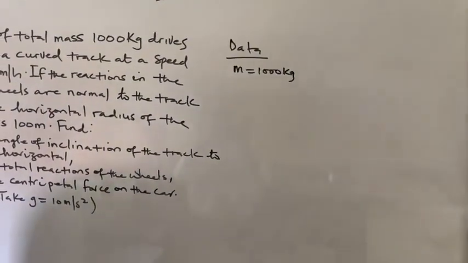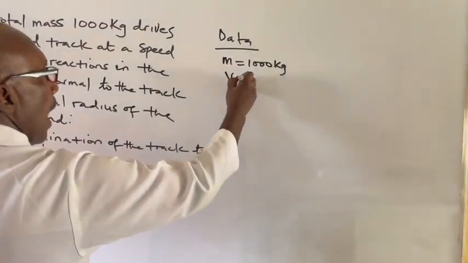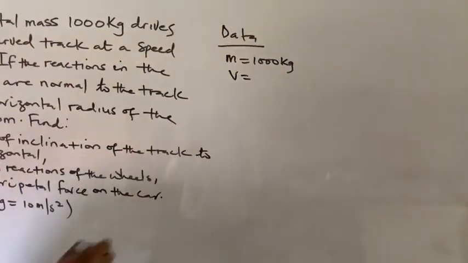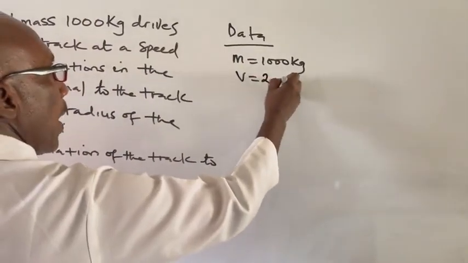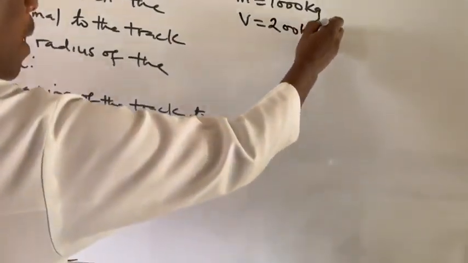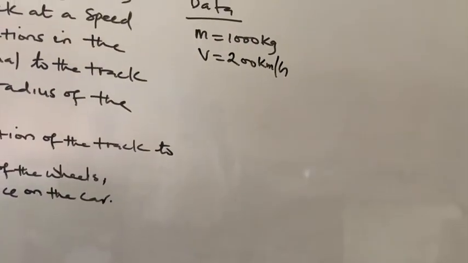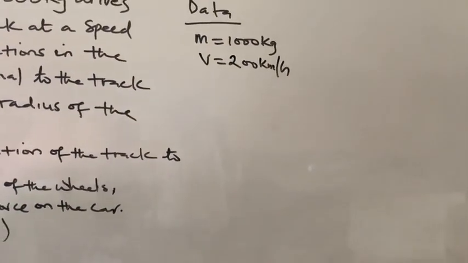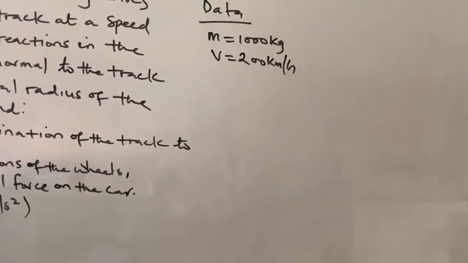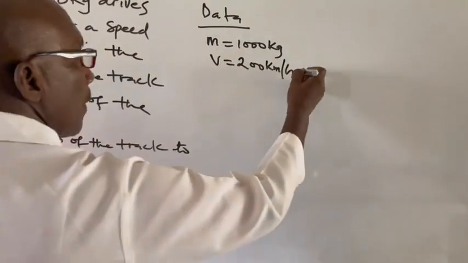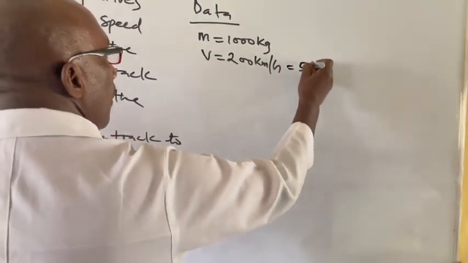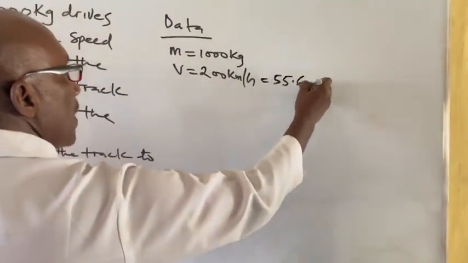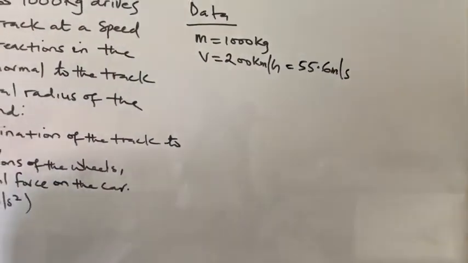And we have our velocity, V, as 200 kilometers per hour. We convert this 200 kilometers per hour to meters per second, which will give us 55.6 meters per second.